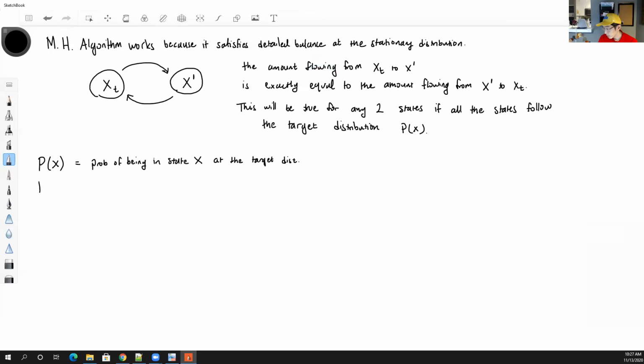Okay, and then this will be the probability of transitioning from state xt to x prime.